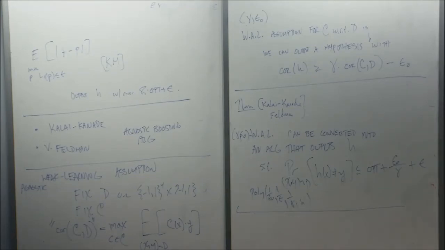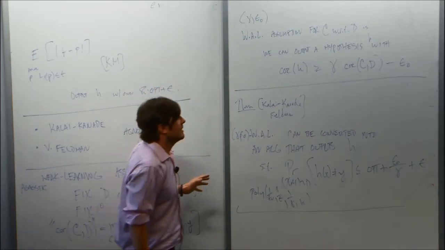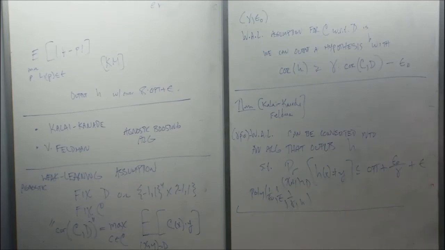Okay, so you get a pretty amazing consequence, that is, if you have an agnostic weak learner with respect to one distribution, I can boost its accuracy with respect to that same distribution. I don't need to change the distribution.